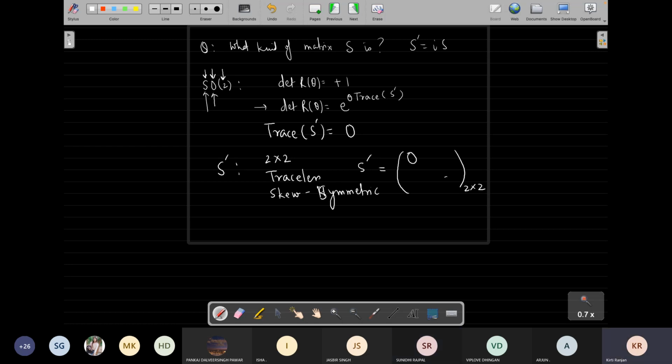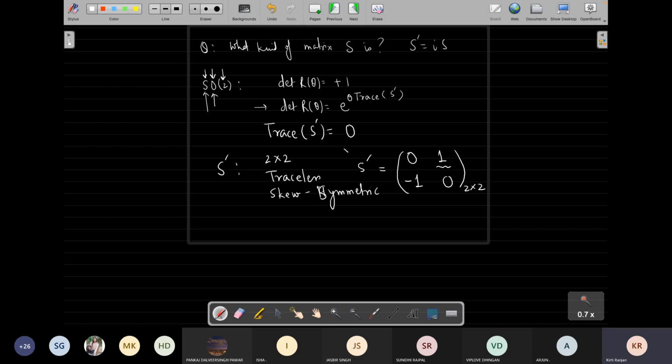Diagonal elements can only be 0. And if I now think about the off diagonal, one of them will be independent, right? And what will be the most basic matrix from which all other skew symmetric matrices can be made? That will be 1, minus 1. As soon as you wrote 1, it becomes -1. And any other skew symmetric matrix can be built just out of this 1, minus 1.